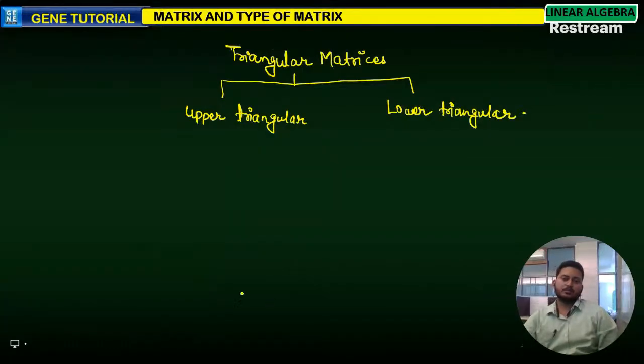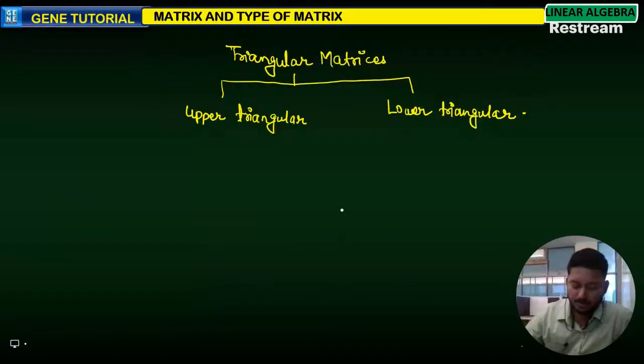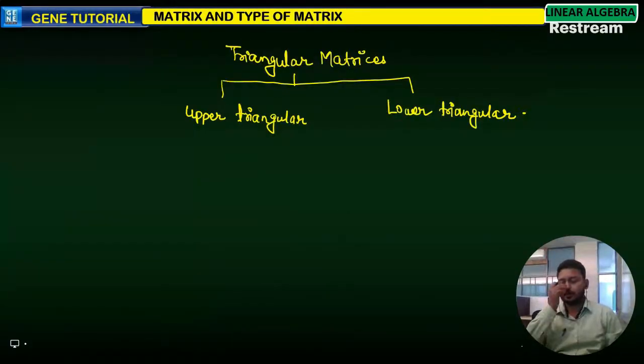A square matrix is said to be lower triangular if all its entries above the principal diagonal are zero.